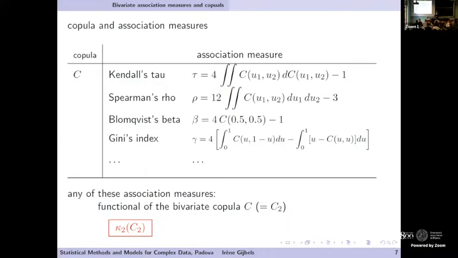I just added index 2 there to indicate that this is the bivariate case. And so this means that if you would like to estimate these, it's quite simple. Estimate the bivariate copula from the data, plug it into this known functional, and you get your estimation, for example, for Spearman's rho, Kendall's tau, whatever association measures that you consider.